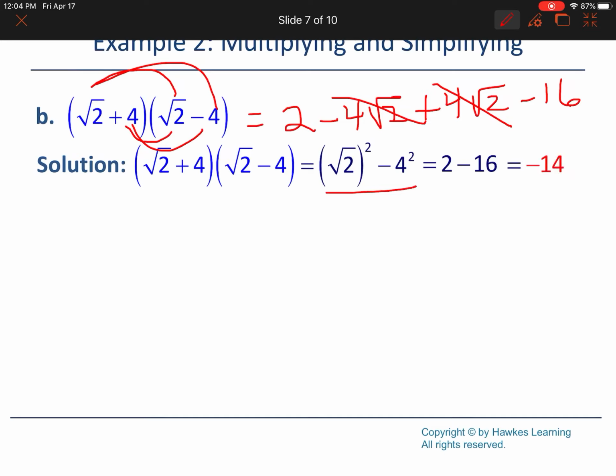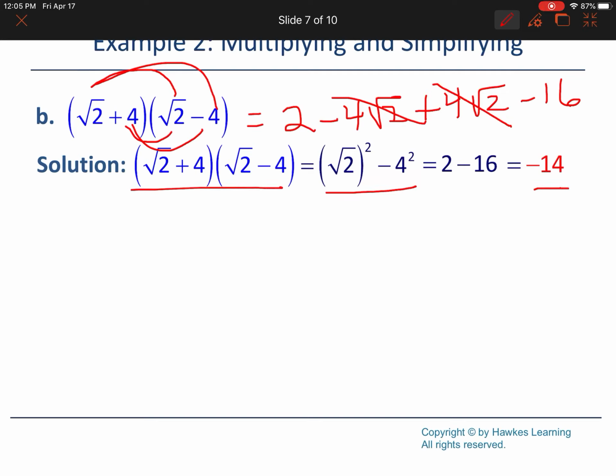So here's the interesting thing about this one: when you have a plus and minus in the same two terms with the radicals, you notice that the original problem has radicals in it, but the answer does not.